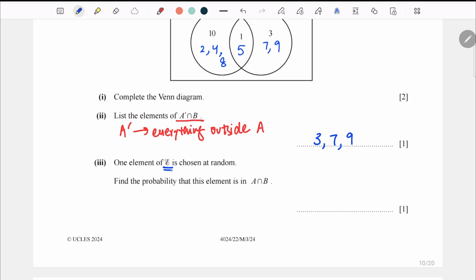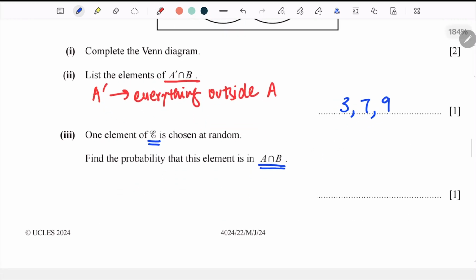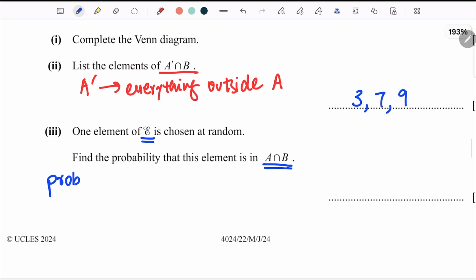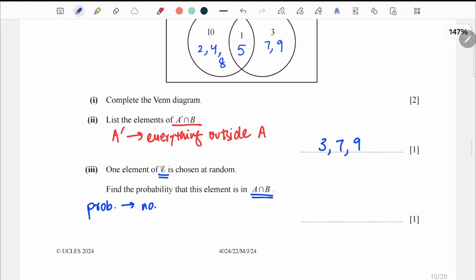One element of universal is chosen at random. Find the probability that this element is in A intersection B. A intersection B is this region right here. So the probability formula would be number of elements in A intersection B divided by total elements in the universal set.